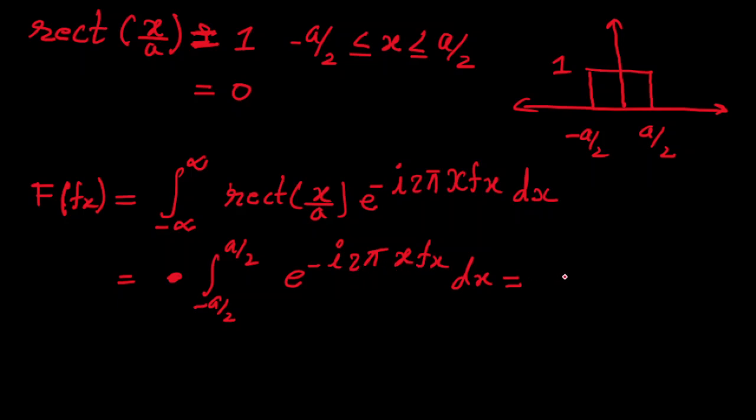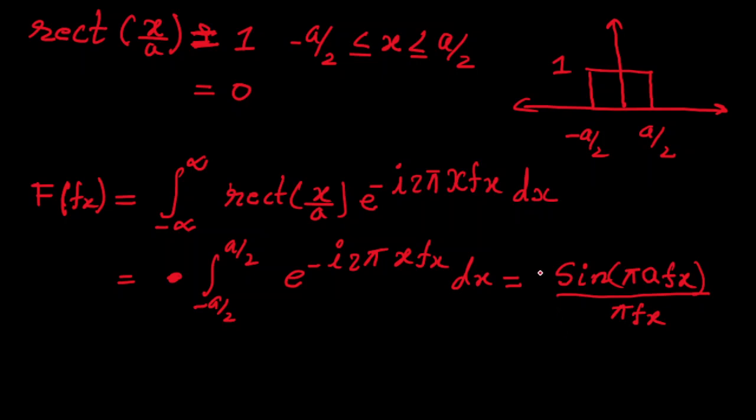So what we'll get here is sine of pi a fx, the 2 will cancel out, divided by pi fx.